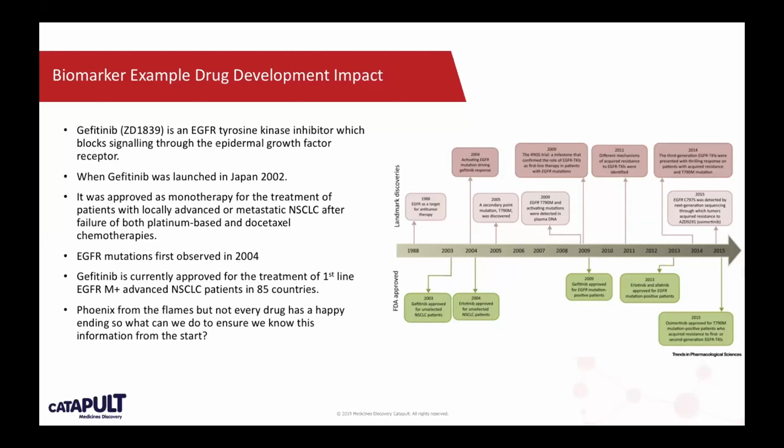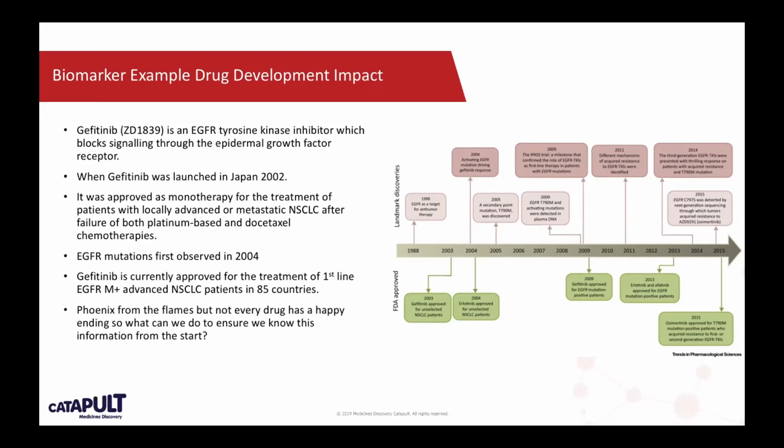Then in 2004, it emerged that by sequencing the tyrosine kinase part of the receptor, mutations were identified, and these were activating mutations, which were the driver for the lung cancer disease. And if you could then select patients based on that mutation, you had a much greater chance of seeing that Iressa, or gefitinib, was working in those patients.